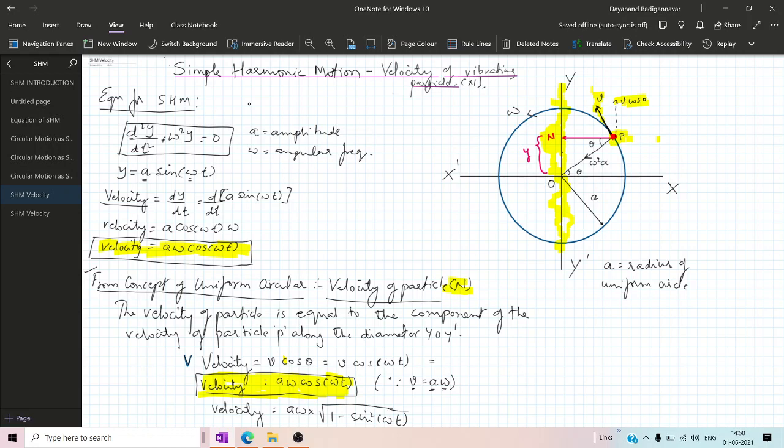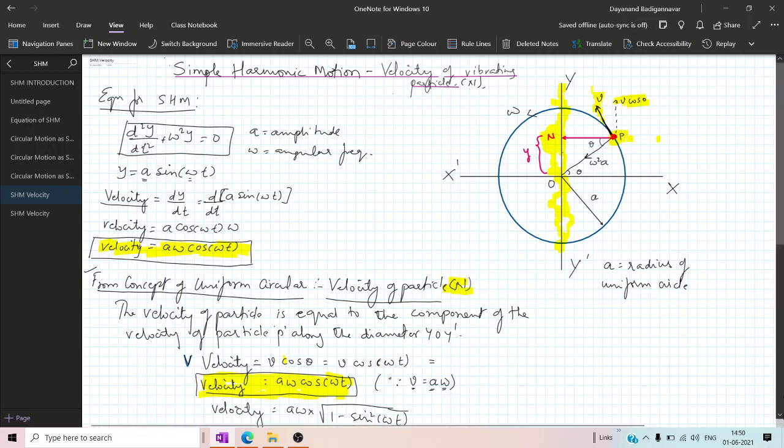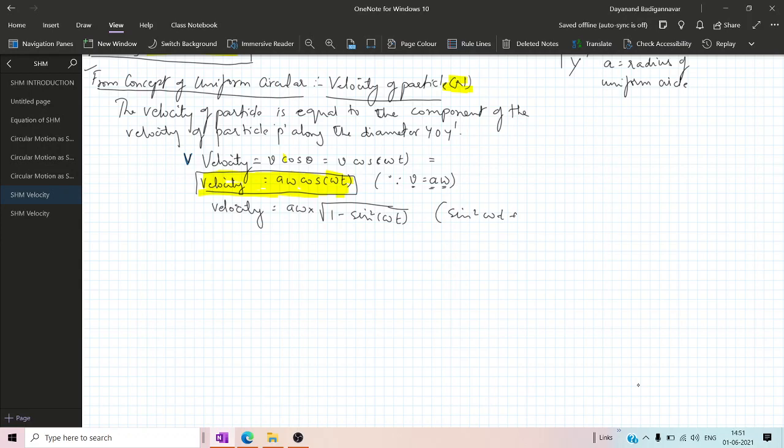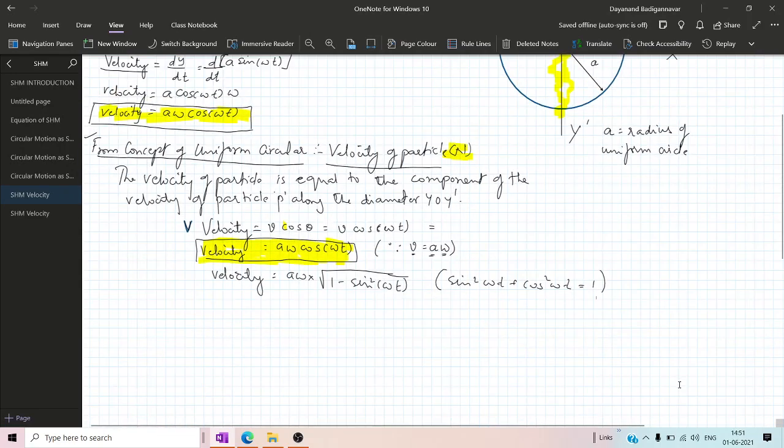This is a basic relation for sine and cosine: sine square omega t plus cos square omega t is equal to 1. So just rearranging for cos omega t, I get that equation.